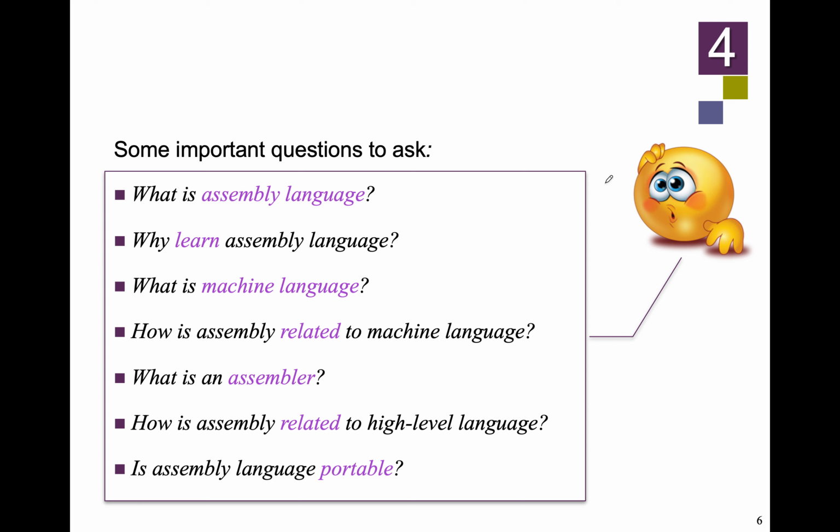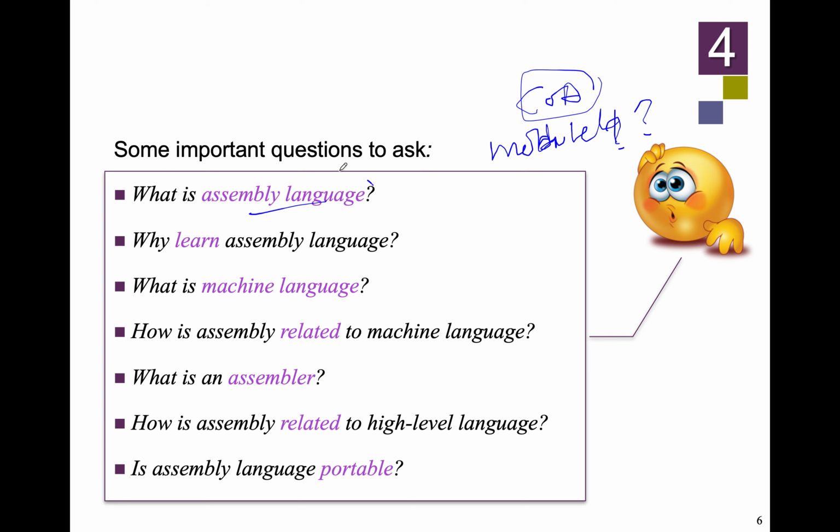Some questions might come out in your mind. Why do you need to learn the CoA subject? Of course, this is the big question mark. And in this module 4, what are you going to learn? If you look into the overview, you need to learn about assembly language.